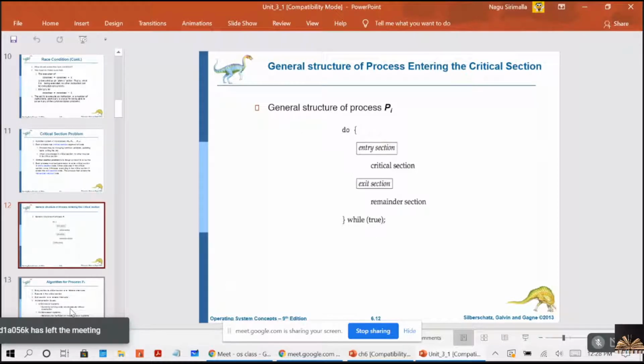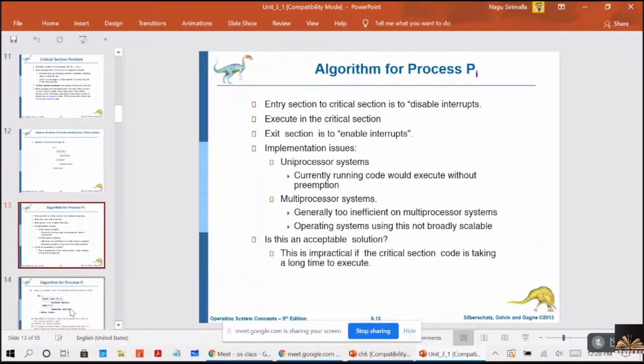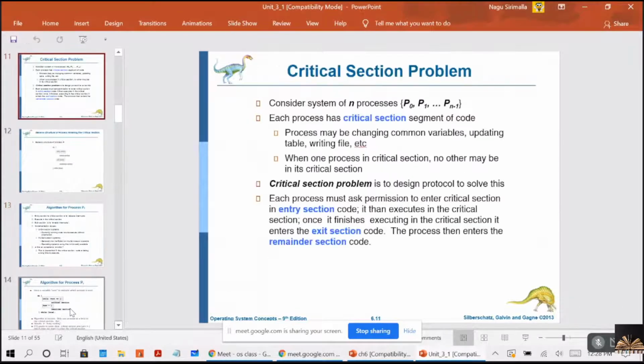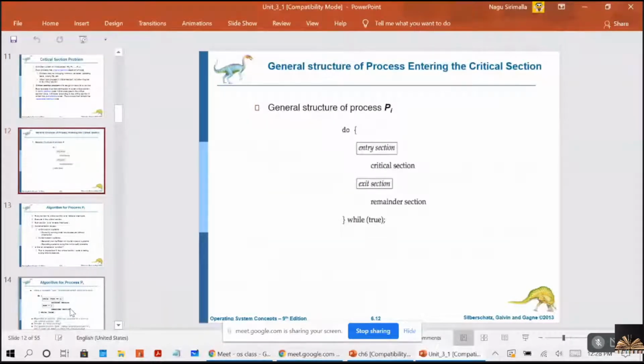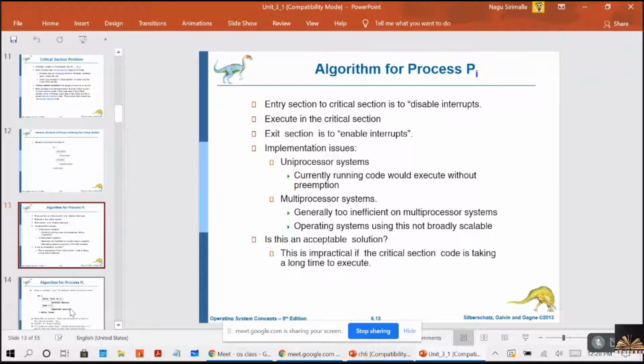Now, a solution to the critical section problem must satisfy the following three requirements: mutual exclusion, progress, and bounded waiting.